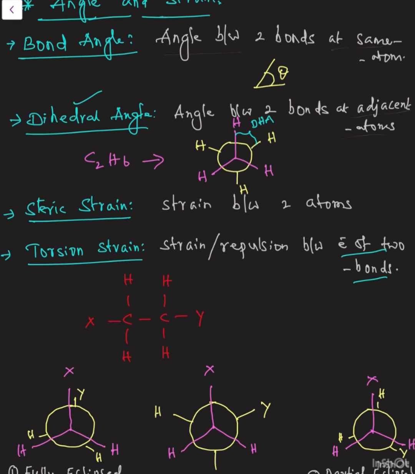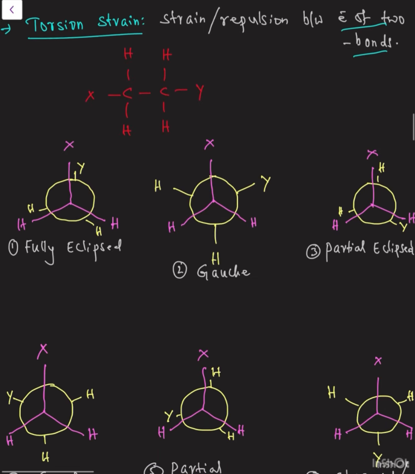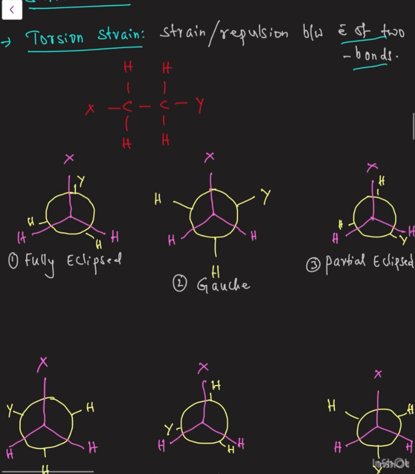Now let us see one example in a molecule, which contains two carbon atoms, around the carbon atoms 4 hydrogens, and X, Y, two different atoms are present. Afterwards, in place of X and Y we can take two hydrogens or two methyl groups, butane also we can take, hexane also, cyclohexane.